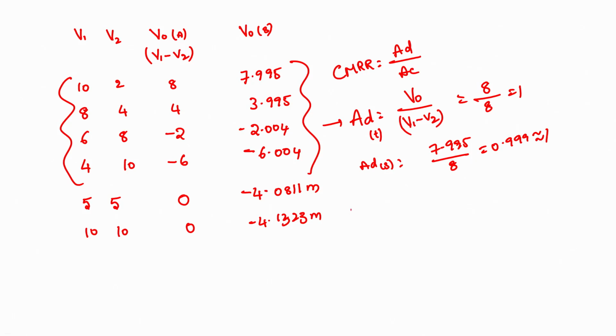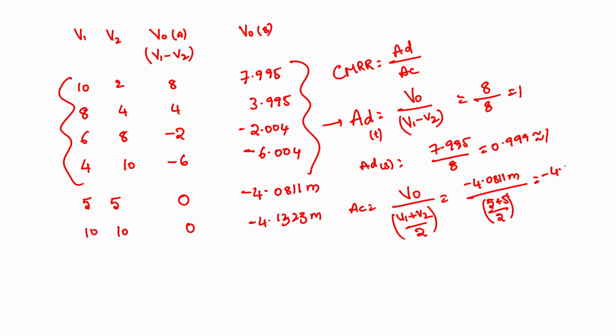Now what about the common mode gain? Theoretically it should be 0, but practically, when I see the simulation, the value is minus 4.0. So how do we calculate? First let me write the formula: output voltage divided by the common mode signal, V1 plus V2 by 2. So what is V naught? Minus 4.0811 milli divided by 5 plus 5 by 2, which is nothing but 10 by 2, again 5.